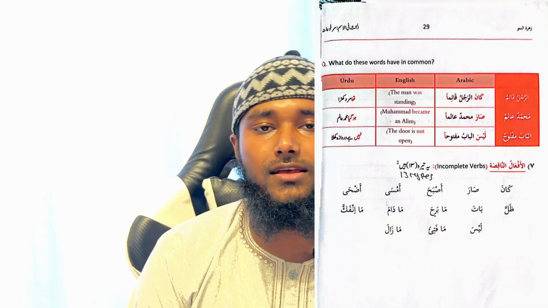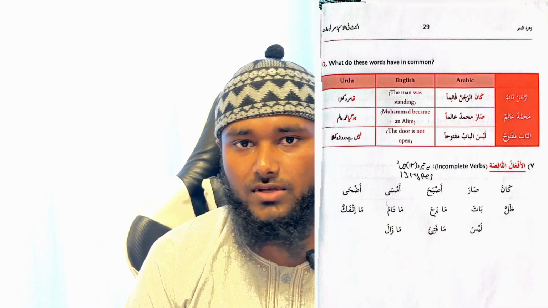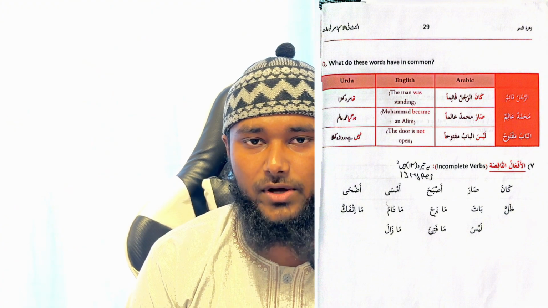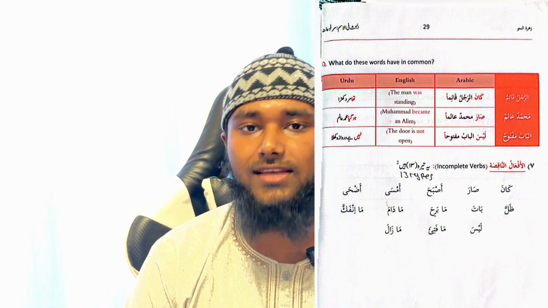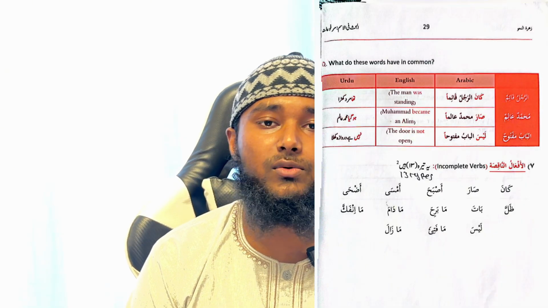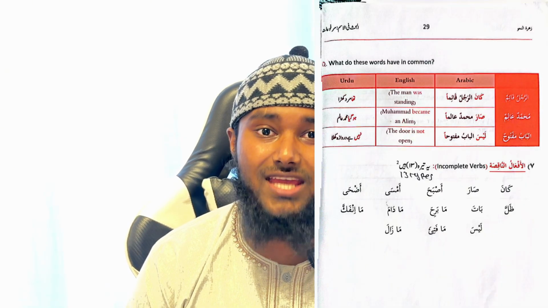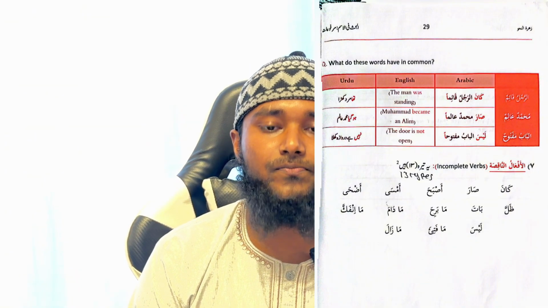Whenever the lam of La li Nafyi al-Jins, or the particles under Inna wa Akhawatuha, came into the sentence, they would make the mubtada move from the rafa' case to the nasab case, and they would force the khabar to stay put in the rafa' case.